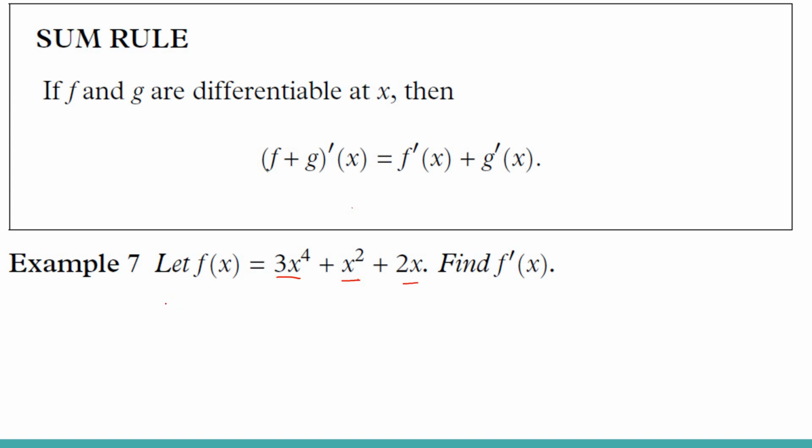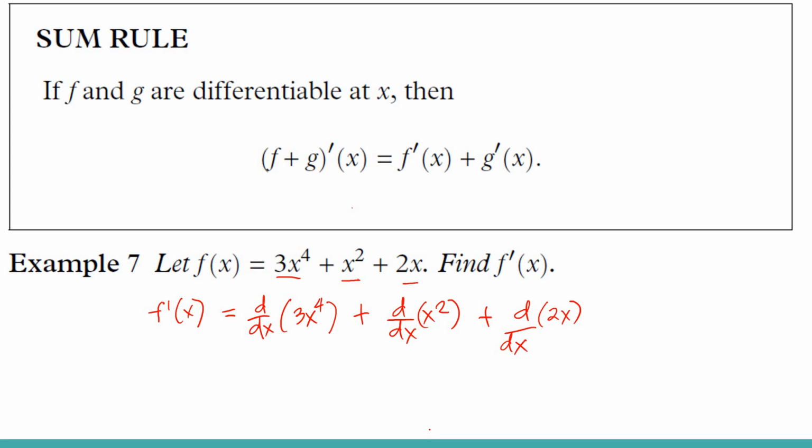So what we can do here is f prime of x equals the derivative of 3x raised to the power of 4 plus the derivative of x squared with respect to x plus the derivative of 2x with respect to x. So we can differentiate it one by one.